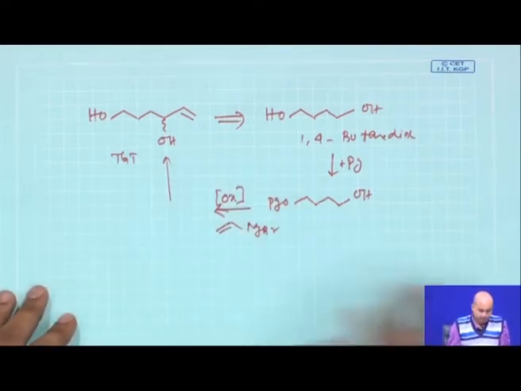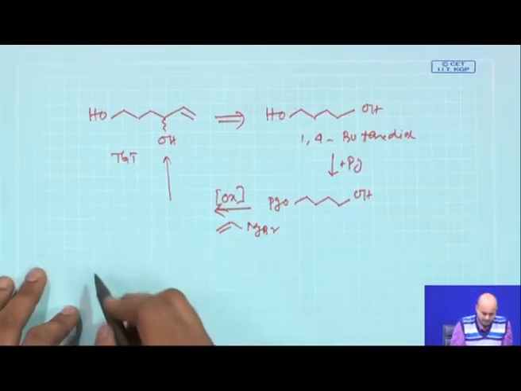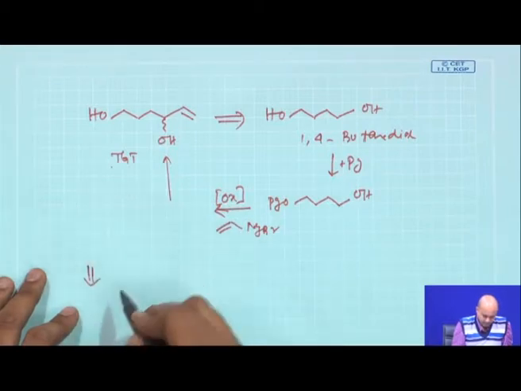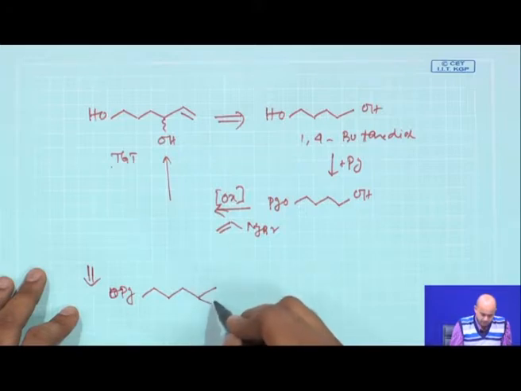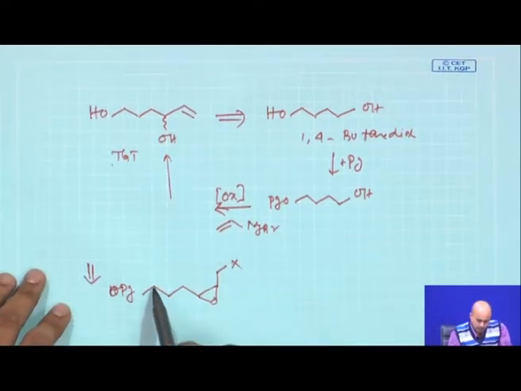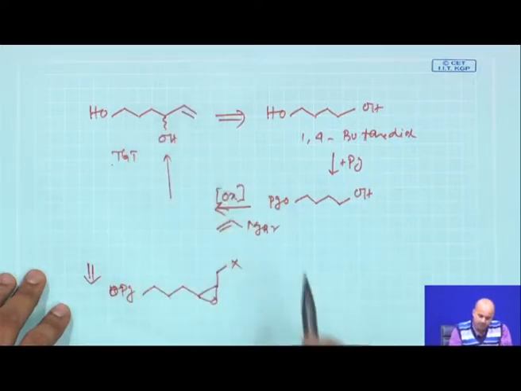Fine. Now, if there is any other way to do it, let us try to formulate one. Take this target molecule and do a retro. I will put an OPG here, and then say you have something like X. Try to count the carbons: 1, 2, 3, 4, 5, 6.